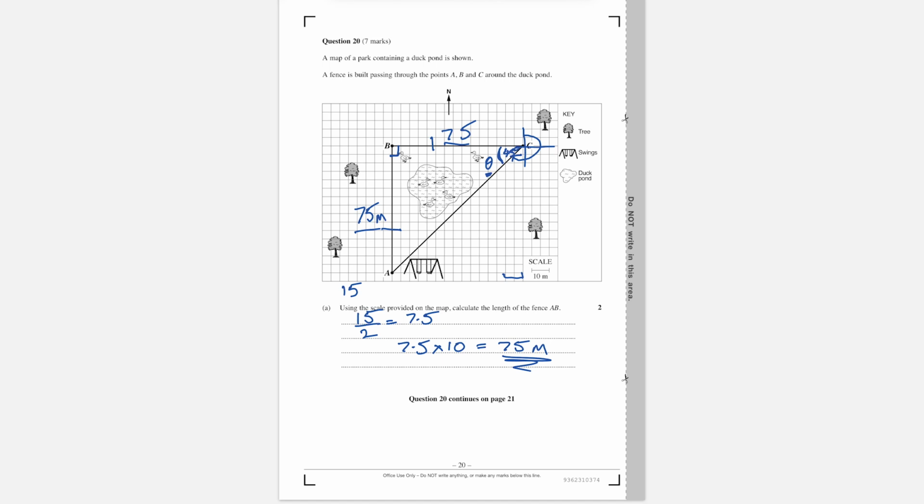the true bearing is going to be 270, which is up to this line, take away 45 degrees.